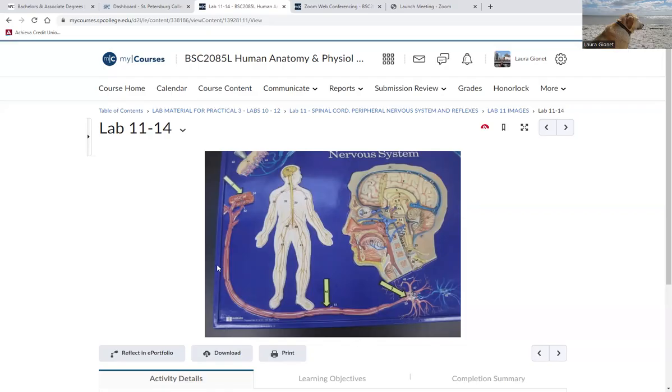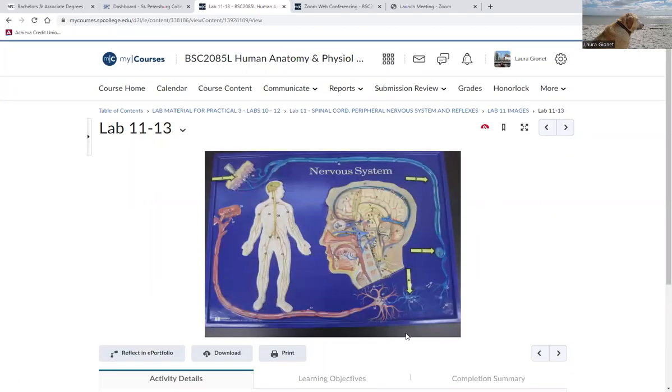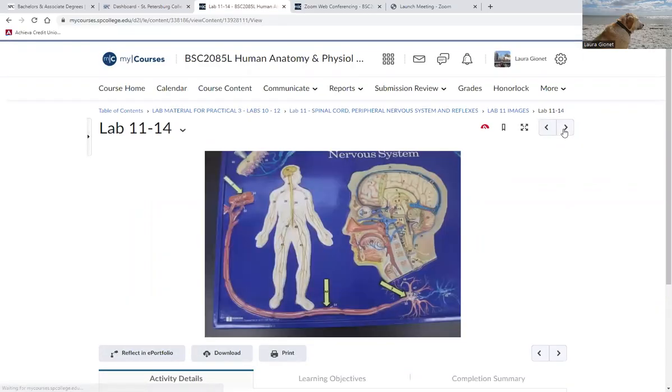Its axon transports the impulse away to the effector, which is the skeletal muscle in this case. The cell bodies of that motor neuron are found in the anterior gray horn. And previously, the association neuron cell bodies that 4 is pointing to are found in the posterior gray horn, because that's where the sensory neuron synapses with that association neuron.